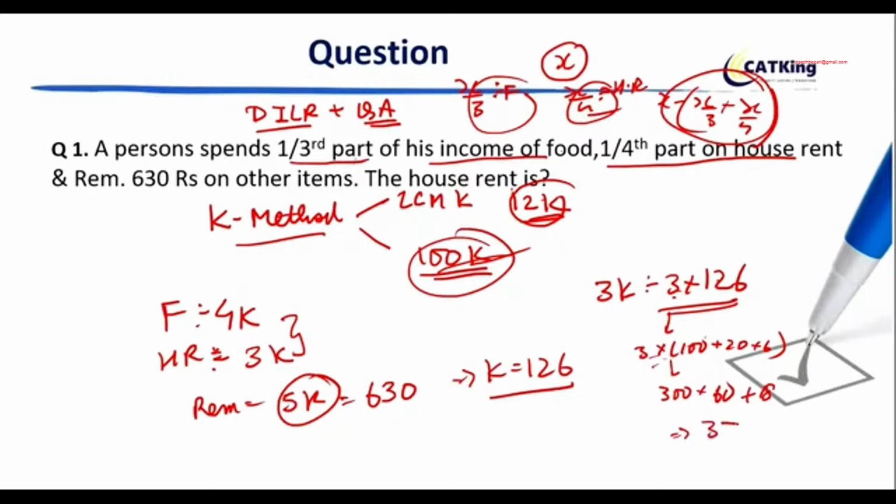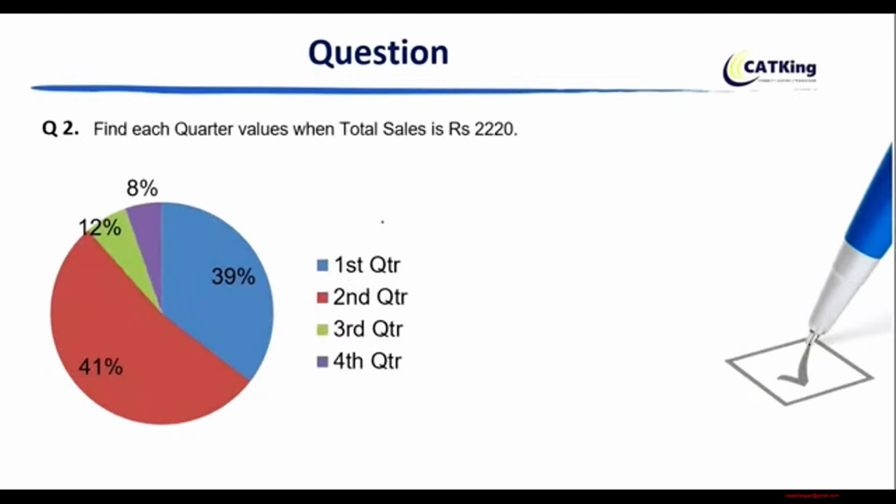The answer is simply 378. See how simply, without even lifting pen and paper, you can solve this question. This is the use of the K method. I hope you got this, because this is the easiest method that you can use in complex questions.